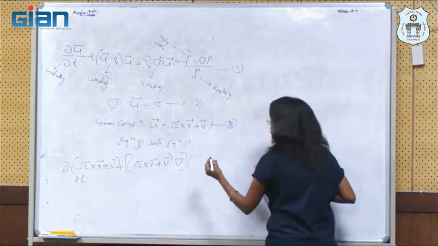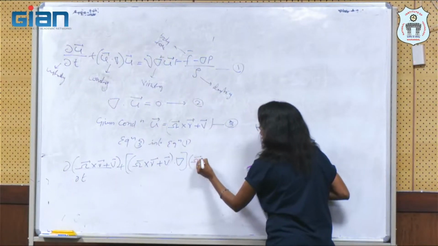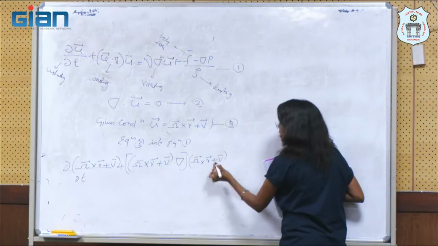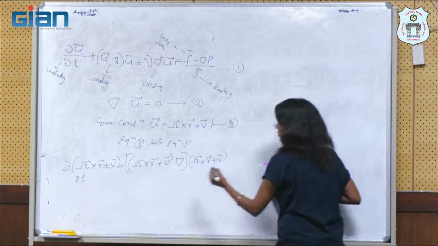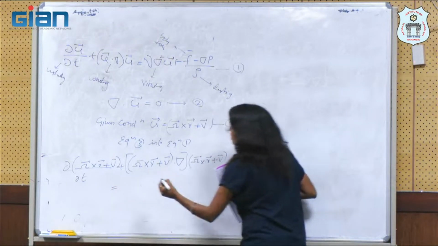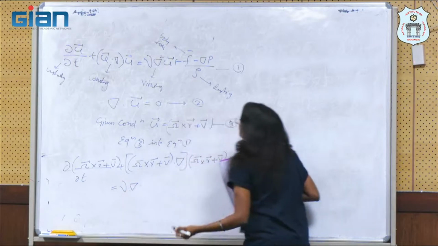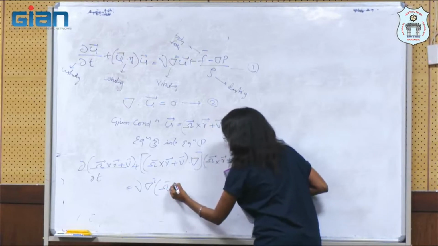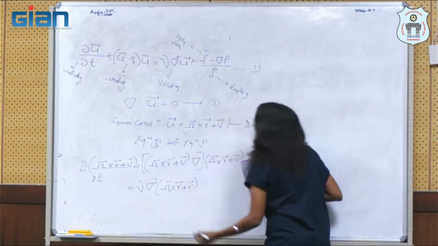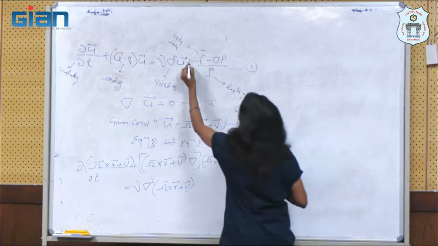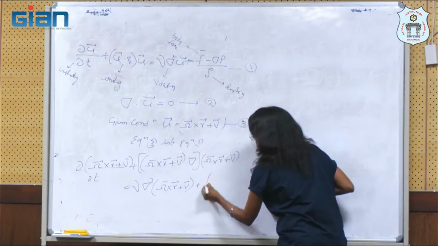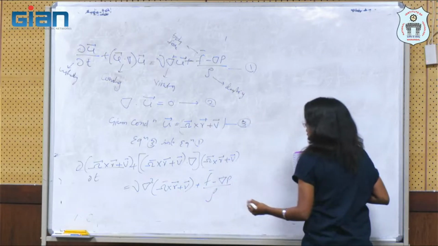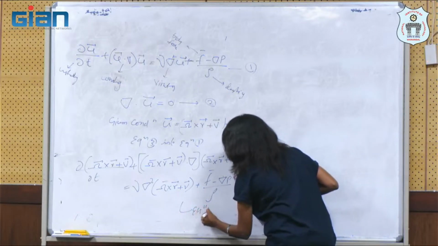This is the left hand term. The right hand term is mu nabla square of U, that is omega cross R plus vector V. This is my equation 4.